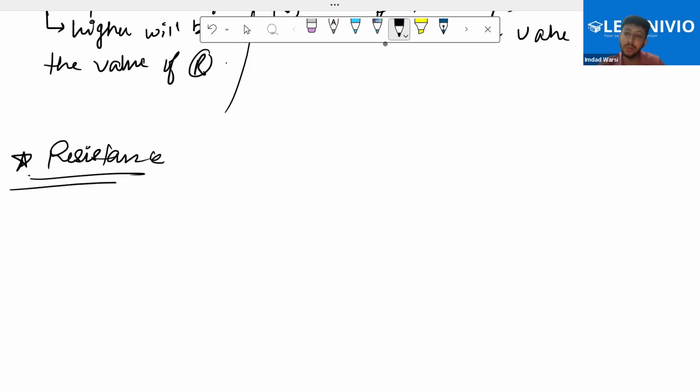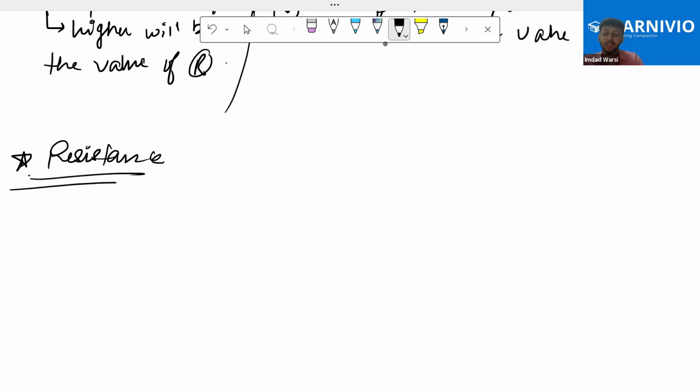If the thickness is more, will the resistance be less or more? Less. How come? Which formula are you using? R is equal to rho L over A. If the temperature is more, then the resistance will also be more, right?